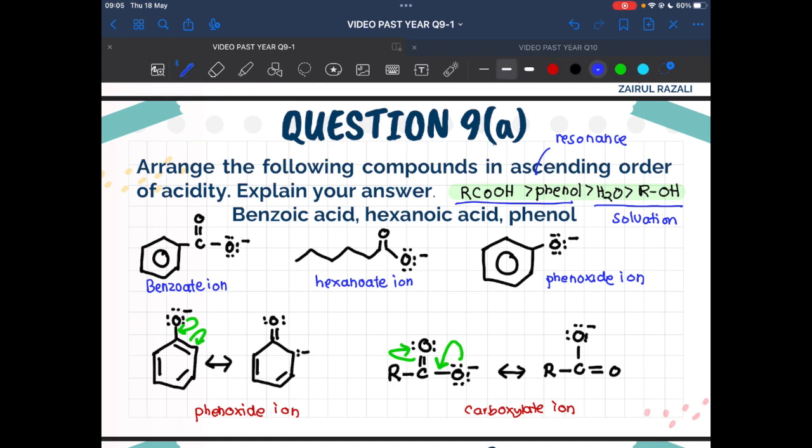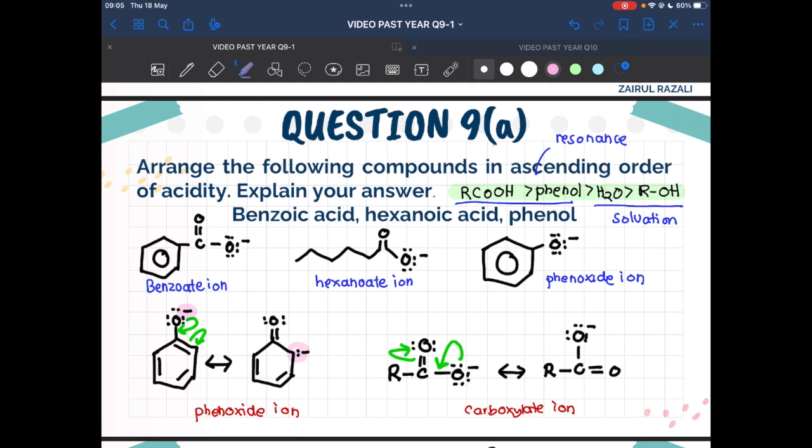So if we look at the delocalization of the electron, we can see that the electron delocalization that happens in the phenoxide ion, dia akan berlaku between oxygen atom and also the carbon atom of the benzene ring. Dan oxygen atom and carbon atom both have different electronegativity.